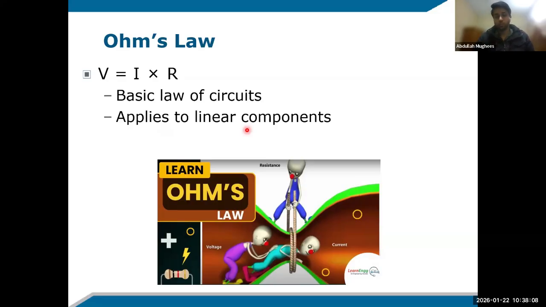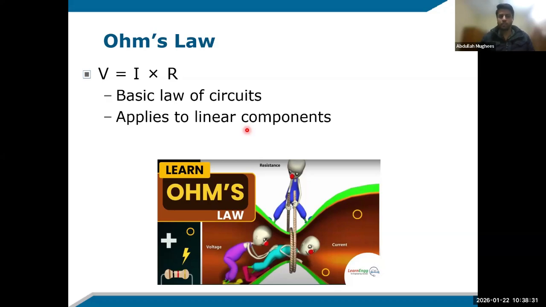Ohm's law can be applied to those components, and the majority of circuits, even in complex designs, use these linear components. And Ohm's law is the most fundamental and most widely used law in every circuit.